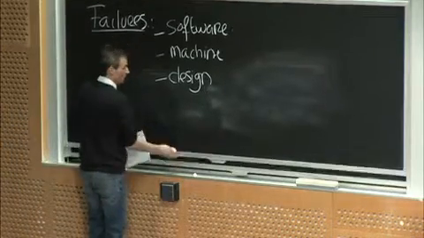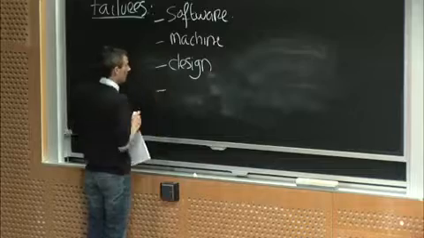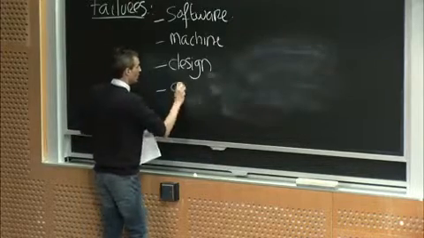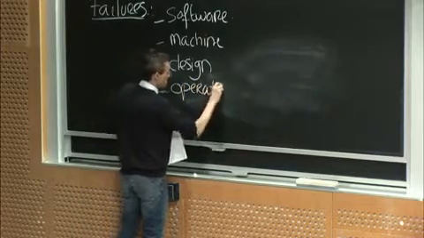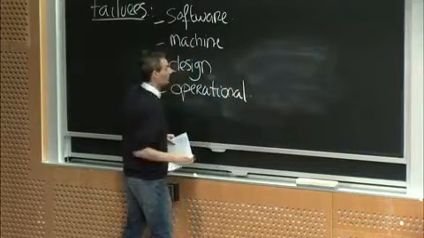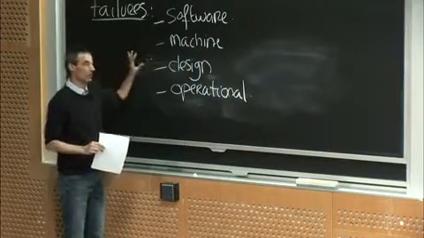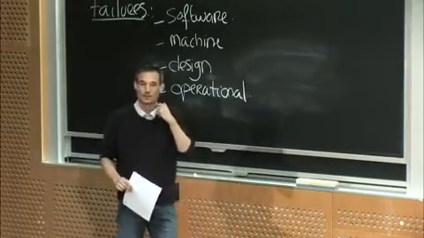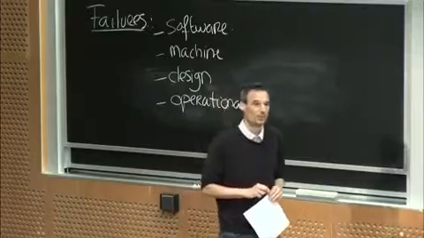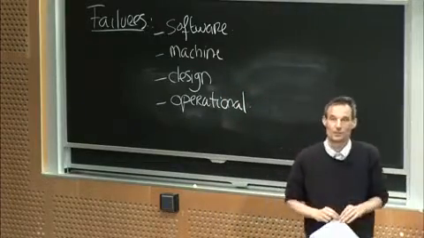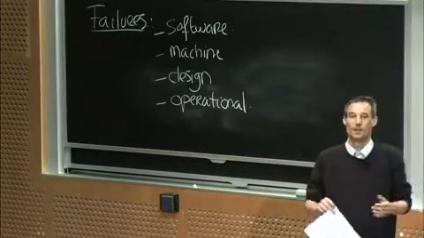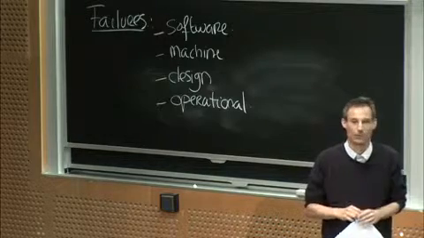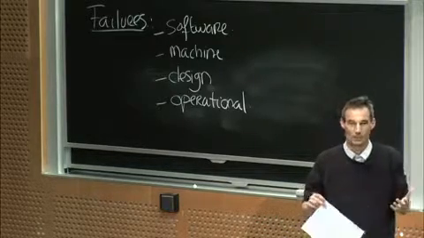Another class to consider when designing fault-tolerant systems is operational errors. So even if you got the software right, the machine right, and the design right, you might actually be operating the machine or the system incorrectly. And we've mentioned briefly at some point that there was a big internet outage when somebody misconfigured the BGP servers, advertising the wrong routes.